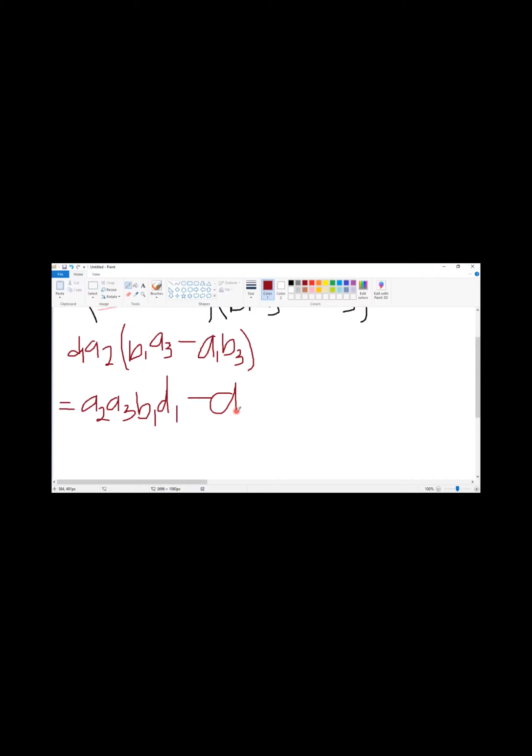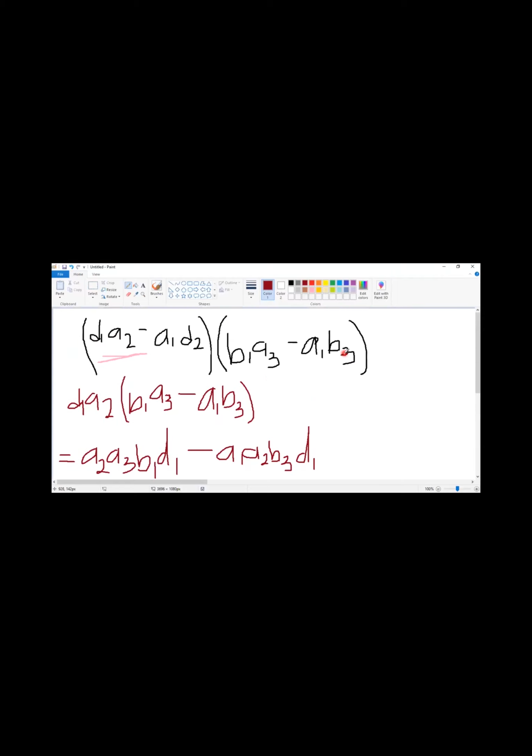And then we have A1, A2, B3, D1. And then we are done with this part. So we move over again to this second part, and we multiply.